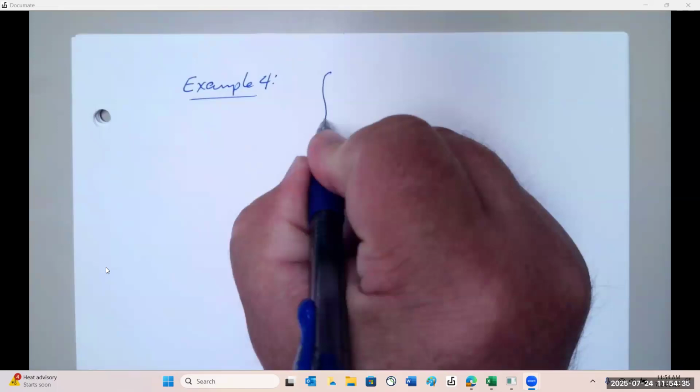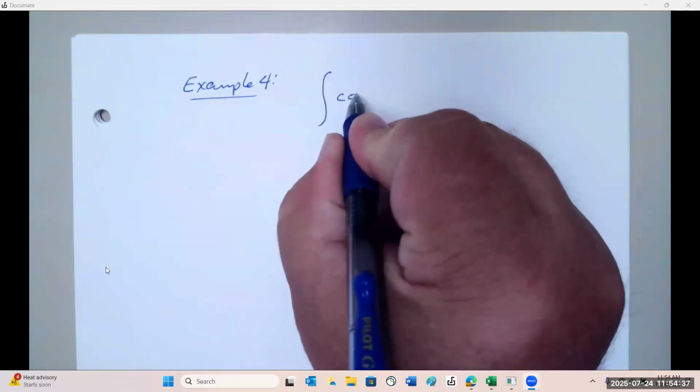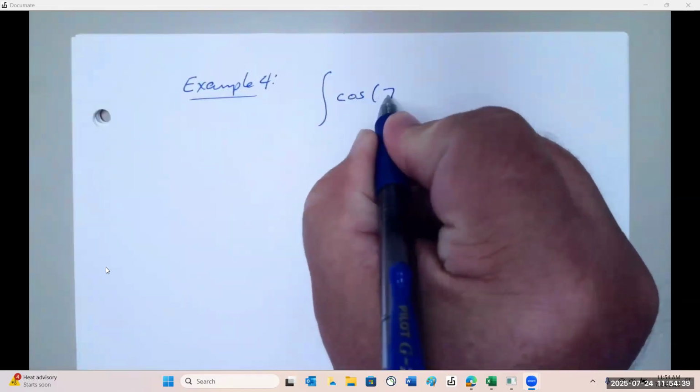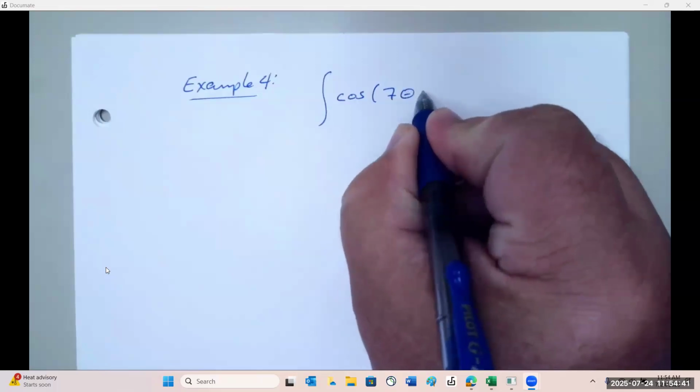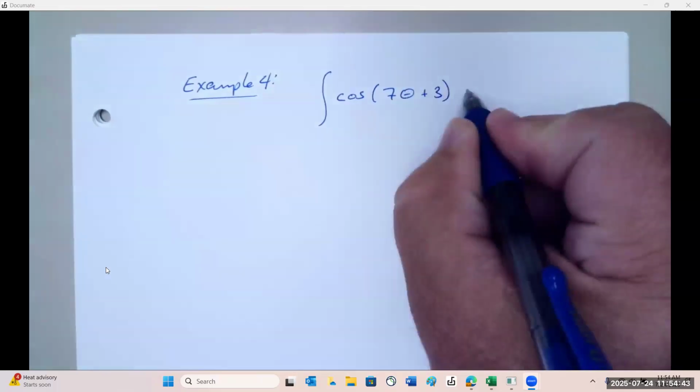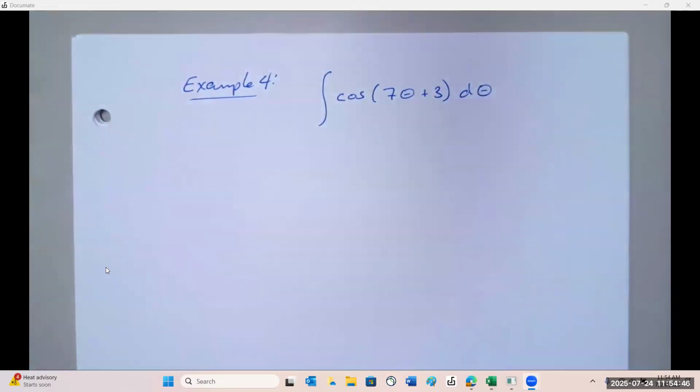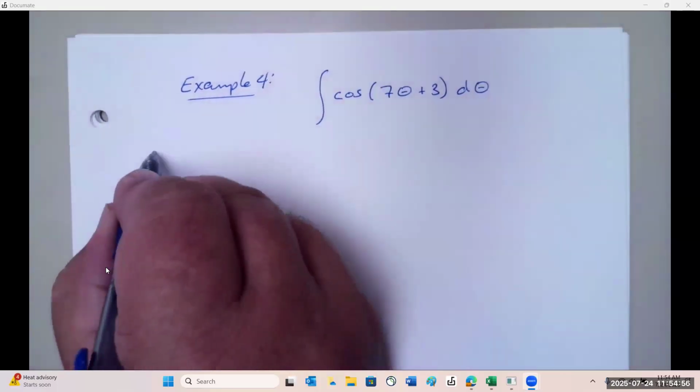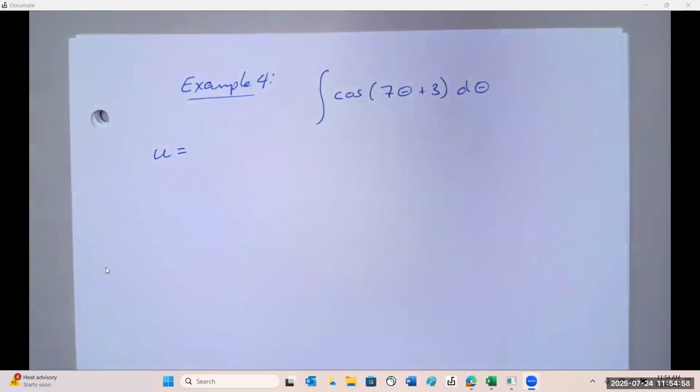Example 4. The integral of cosine of 7 theta plus 3 d theta. So we set up our u. What is our u?